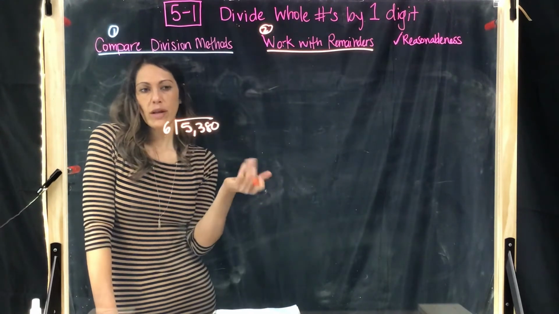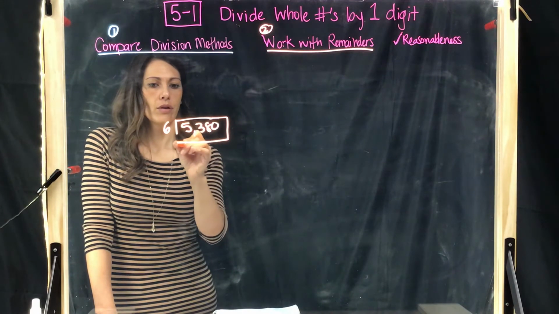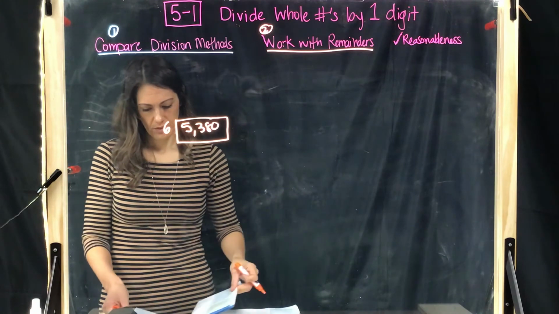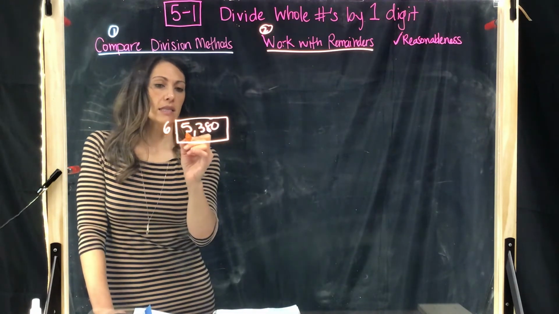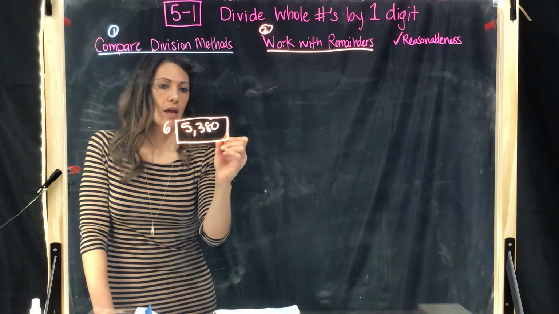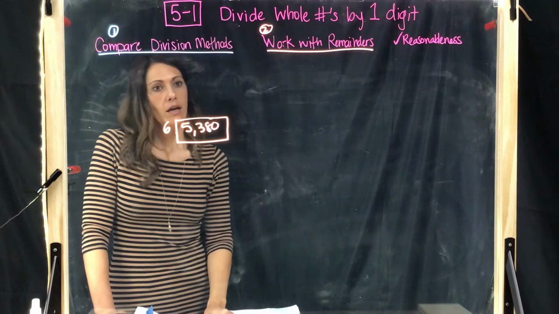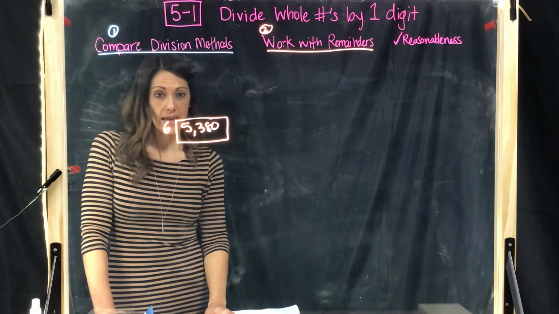So this first one, let's do expanded, we'll call this place value sections, okay? So 6 goes into 5, no, goes into 53. 6 times 9 is 54. 6 times 8 is 48.